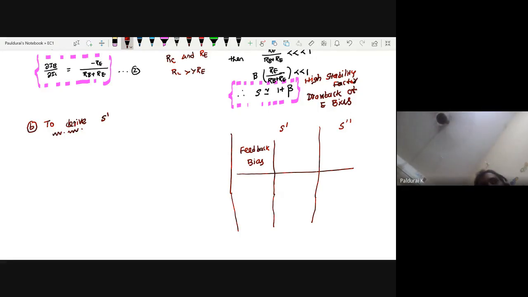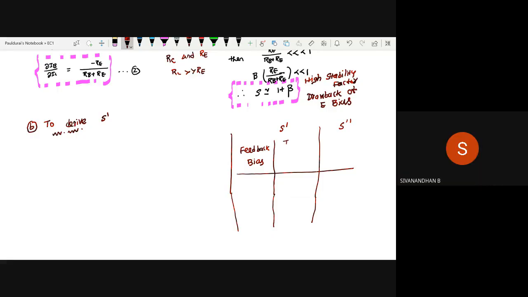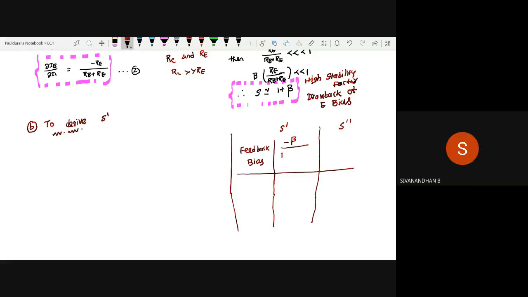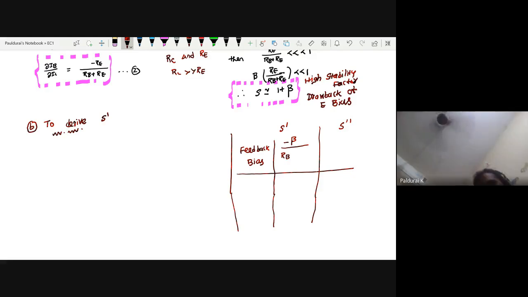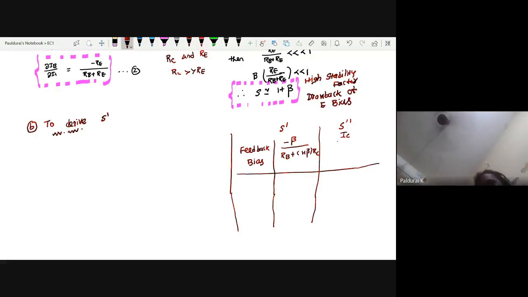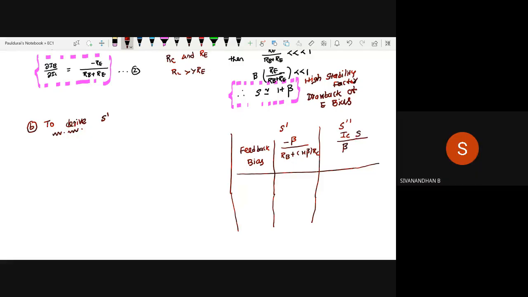What did you get for S dash in feedback bias? Minus beta divided by RC into 1 plus beta RB plus 1 plus beta times RC. What is your S double dash? IC into S, IC divided by beta will be multiplied by S and S by 1 plus beta.